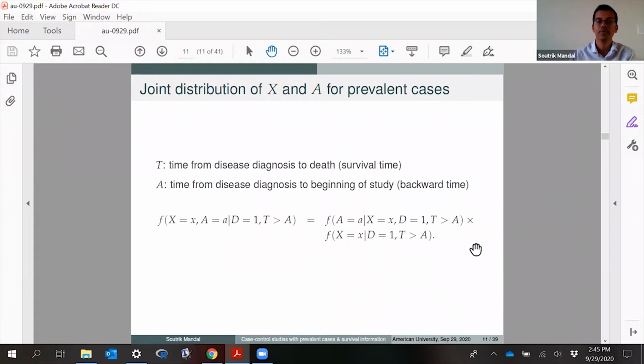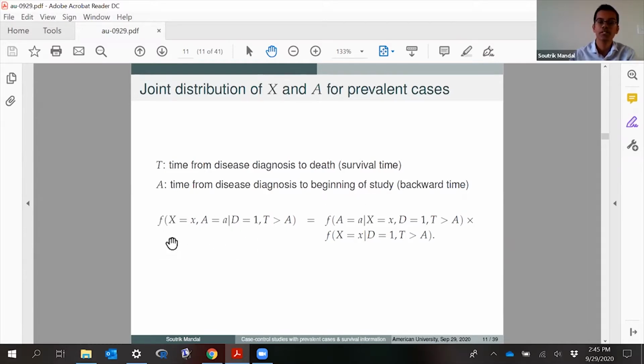Now let's look at prevalent cases. For prevalent cases, we are interested in the joint distribution of the exposure x and the backward time a. So let's say t is the time from disease diagnosis to death, that is our survival time. And the backward time, as I defined before, was the time from disease diagnosis to beginning of the study.